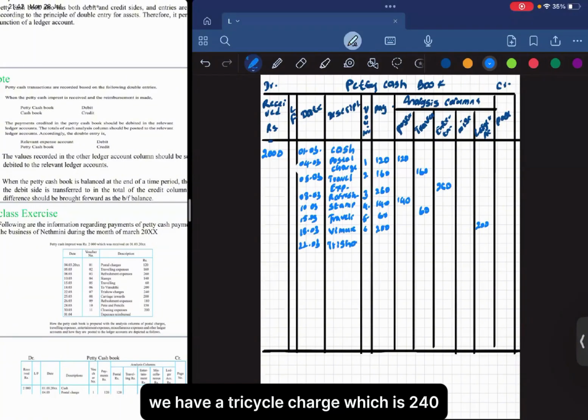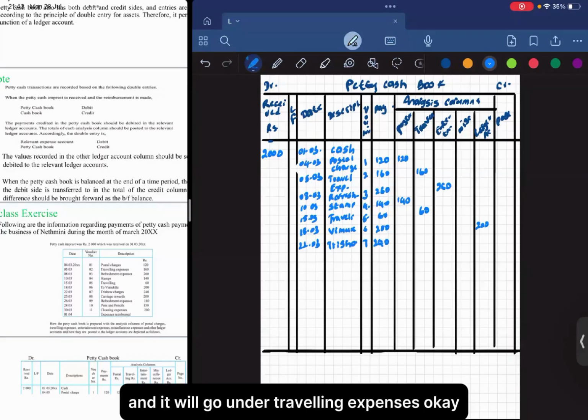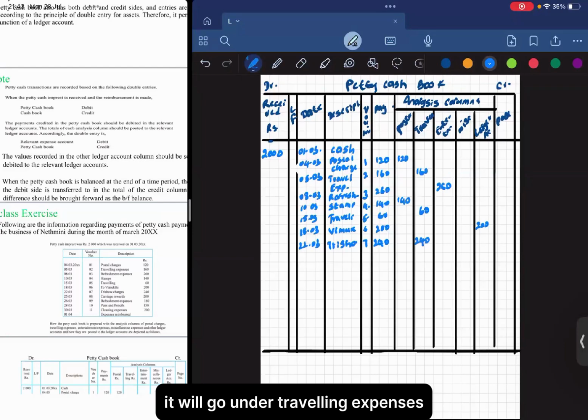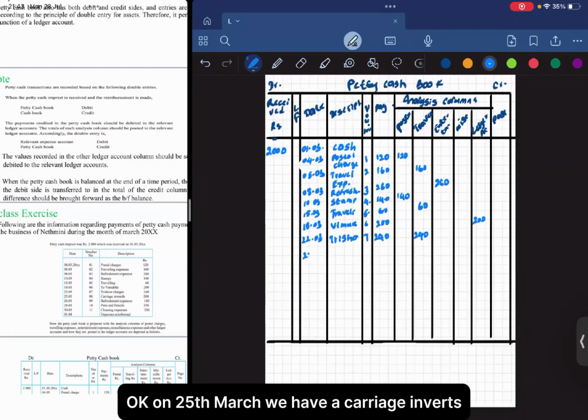Then on 22nd March, we have a rickshaw charge which is 240, and it will go under traveling expenses. And then on 25th March, we have carriage inwards.